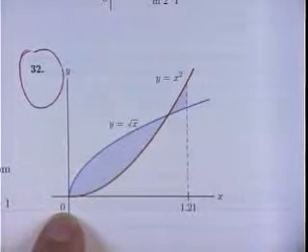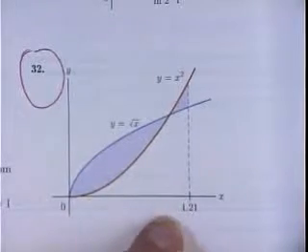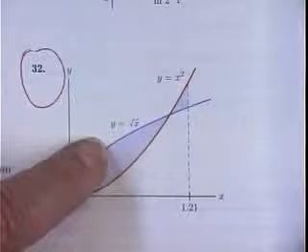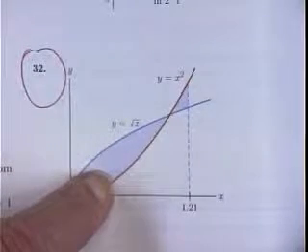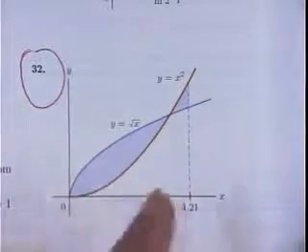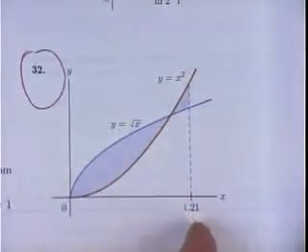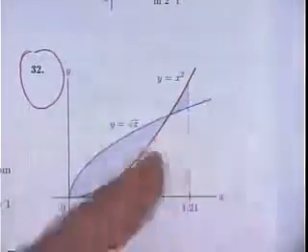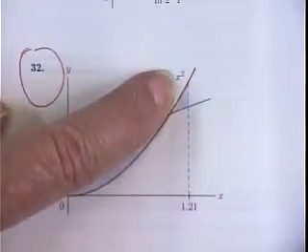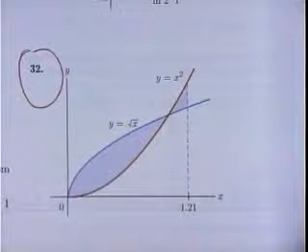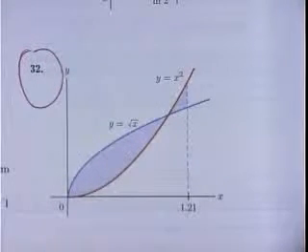So you integrate from 0 to 1 the square root of x minus x squared dx, plus you integrate from 1 to 1.21 x squared minus the square root of x dx, for finding the area between the two curves. All right?